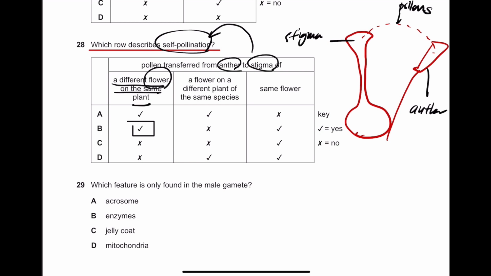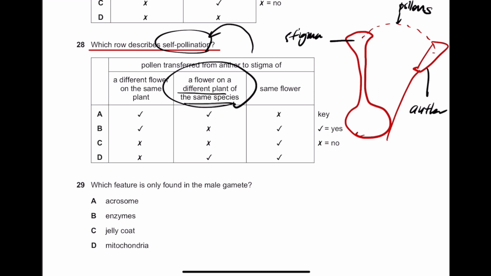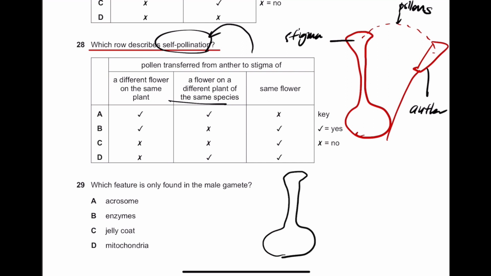But this one: a flower on a different plant of the same species, no. Self-pollination is not the movement of pollen from anther to stigma of a flower on a different plant of the same species. It sounds a bit ambiguous and quite confusing.